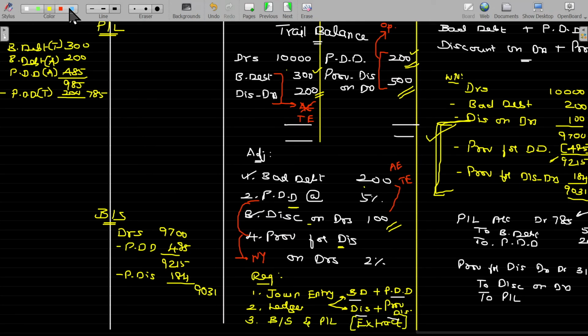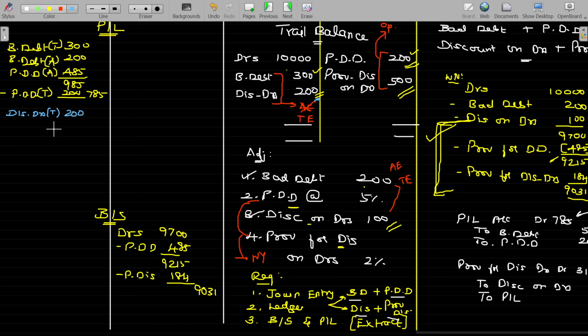Repeat the same process for what? Discount on debtors also. So discount on debtors given in the trial balance, the value being 200. Okay.